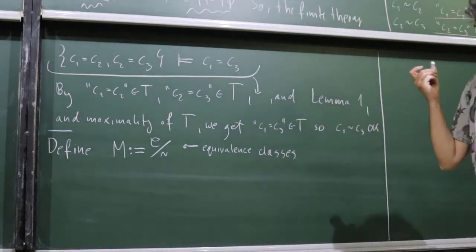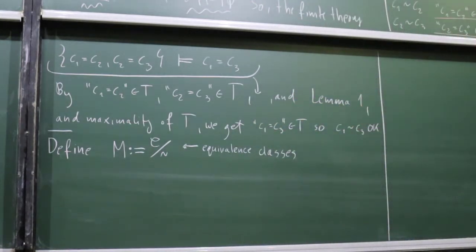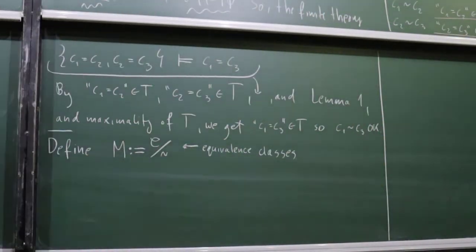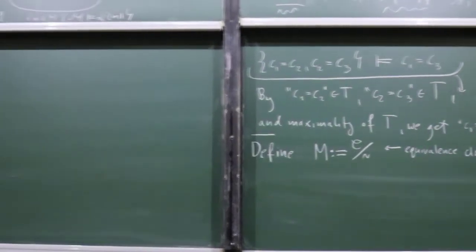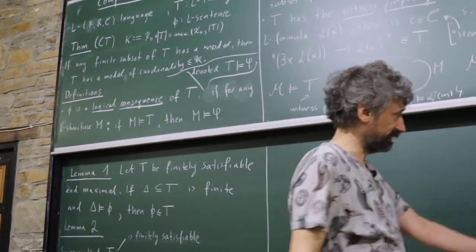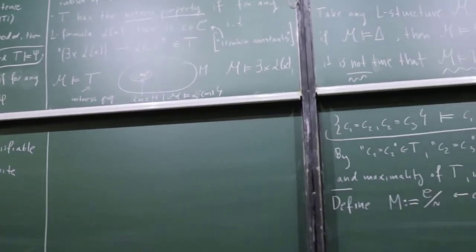Okay, so we have something kind of concrete. We have the universe, we have the set. Now we have to make it an L structure, and then we have to check it is a model. So we have to interpret all these function symbols, relation symbols, and constants here.